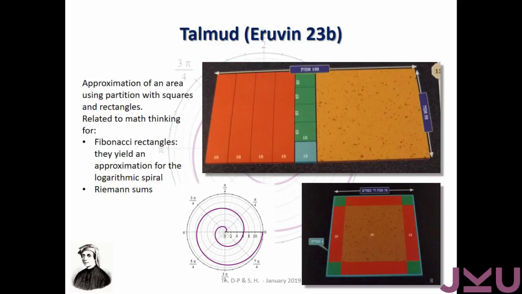This kind of thinking, this kind of building or sharing the rectangles and so on, appears already in the Talmud for the sake of transforming a rectangular area into a square one, at the time when irrational numbers did not exist. And so the sages of the Talmud began with the rectangle and cut out the maximal squares that they could, and so on.